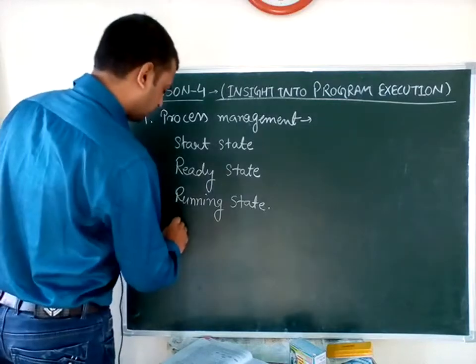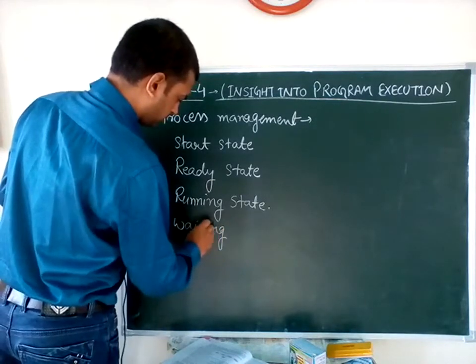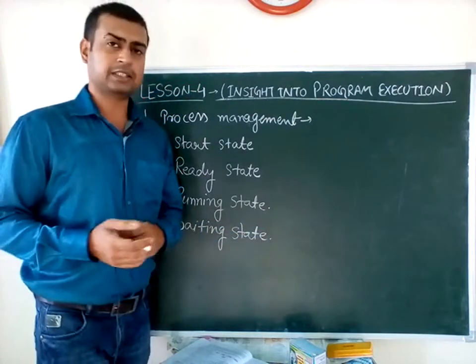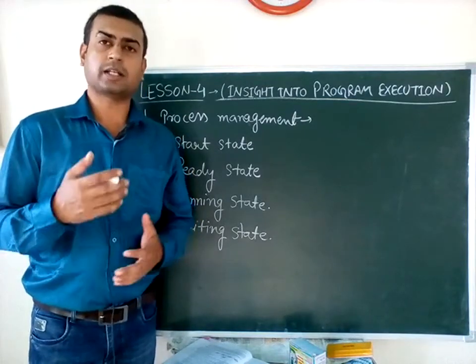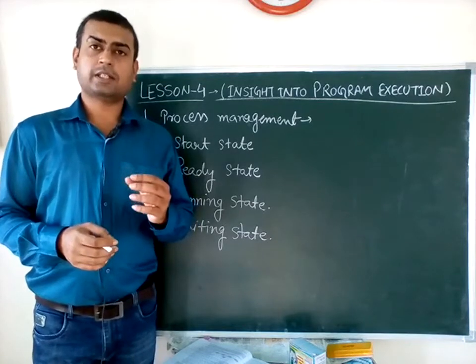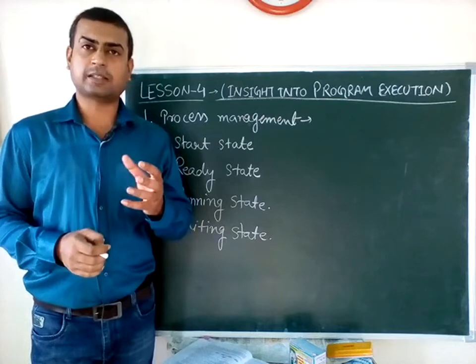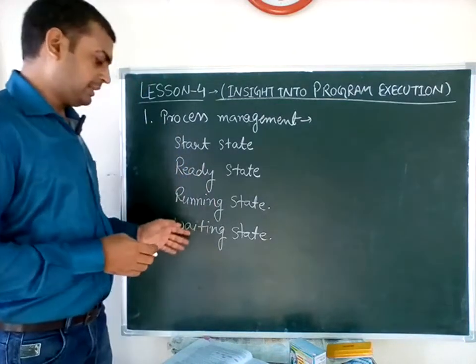Then after, the waiting state. Waiting state means if more than two programs are running in the memory, then a program has to wait according to the input output conditions. If a program needs some input from the user, then it will wait. So this is called waiting state.